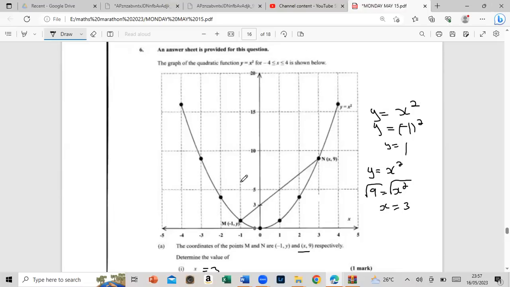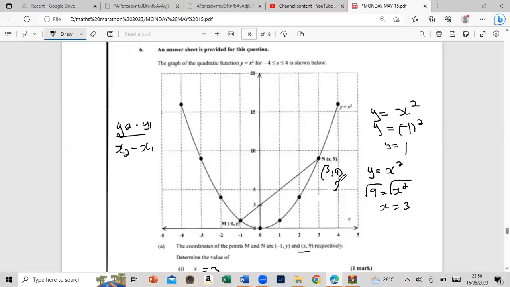To find the gradient, we're going to use y2 minus y1 over x2 minus x1. So we know this was 3, 9, right? And this was negative 1, 1. So I could name this as 2.